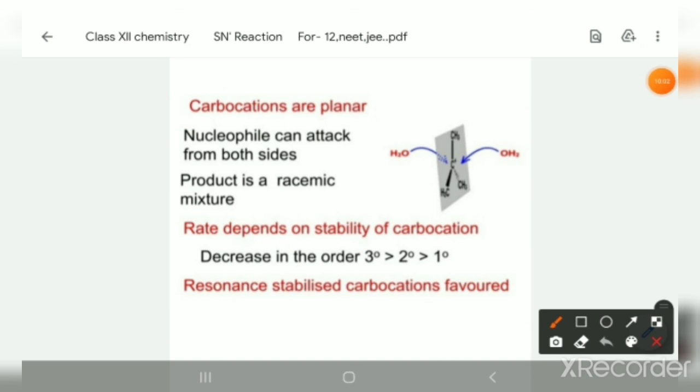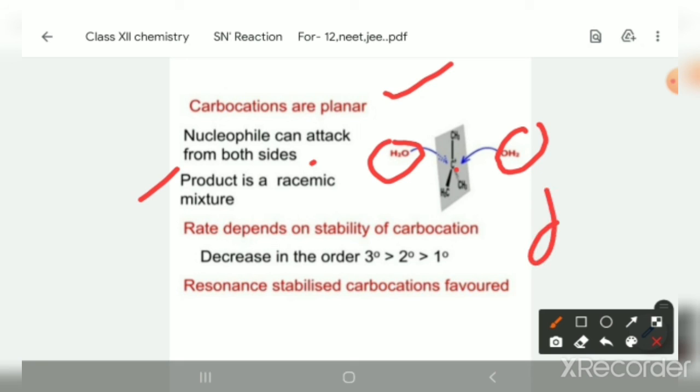Finally, you see here about the carbocation. This is planar. The nucleophile can attack from both sides. Yani this is the carbocation, and the nucleophile can attack from this side or this side. That is why the product is formed as a racemic mixture, yani D isomer and L isomer.